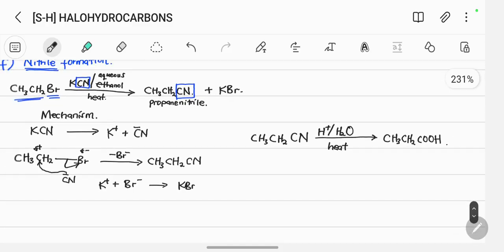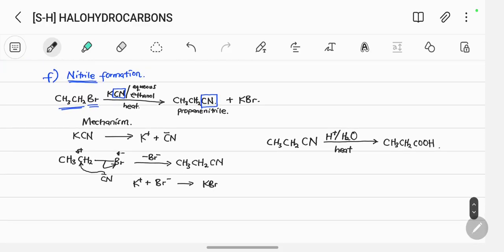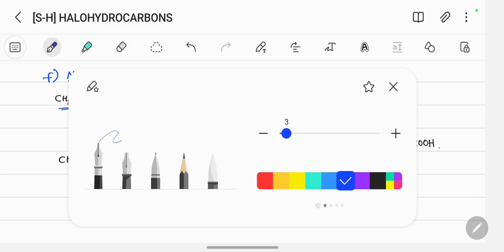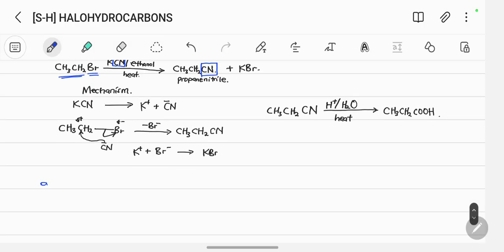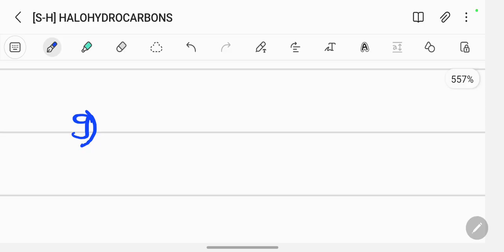And so we move on to G. So when I move on to G, it is a reaction with sodium acetylide.